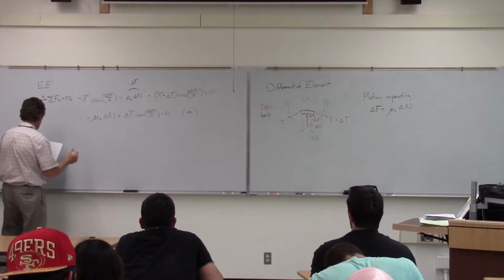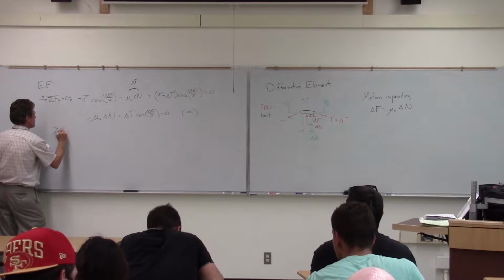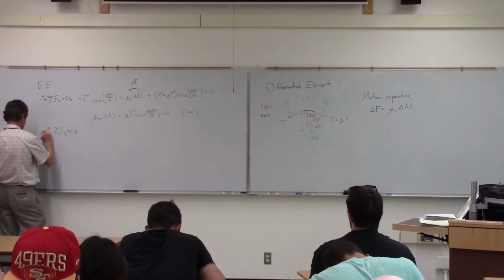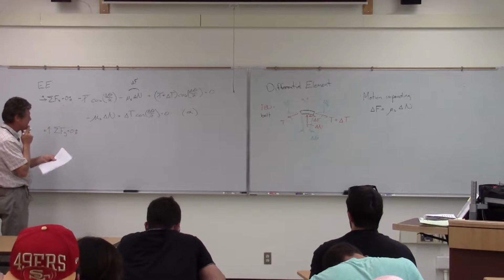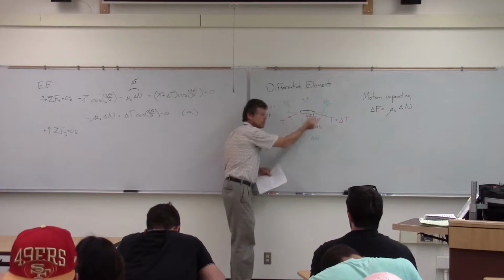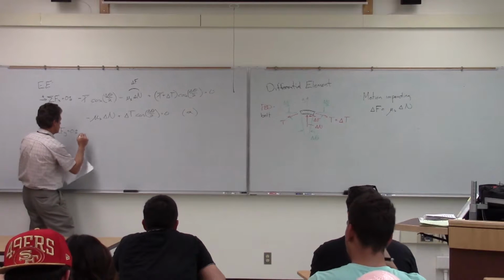And then consider equilibrium in the y direction. And again, what we'll be looking at then is all the vertical components of these particular pieces. So the T's will have some vertical component there.